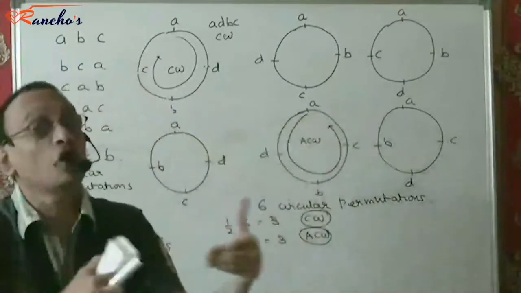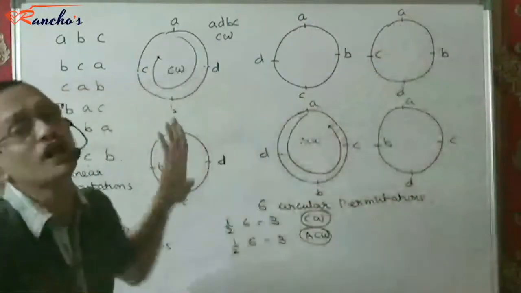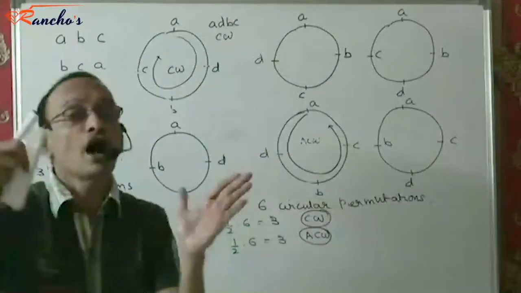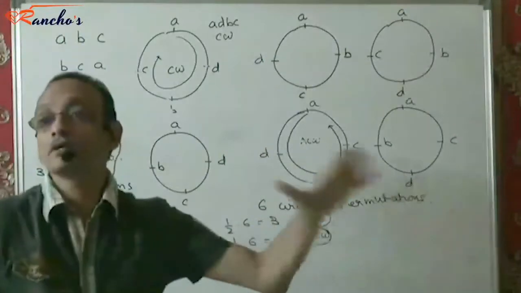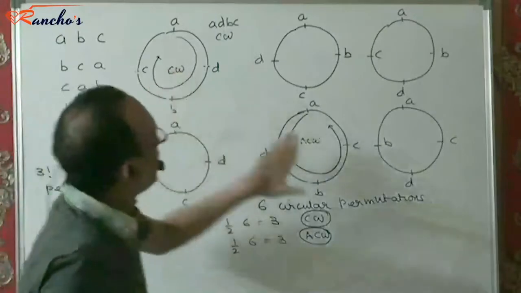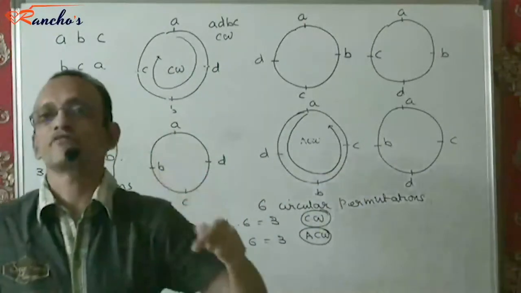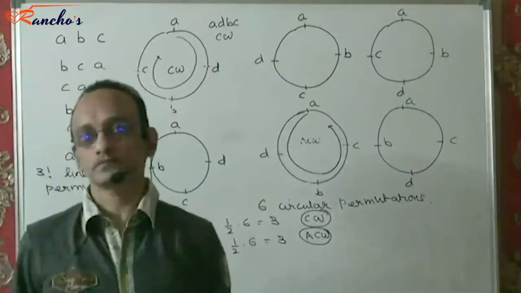So clockwise and anti-clockwise are different, and all these would constitute the total count. That means 6 will still be the total count, of which 3 is anti-clockwise and 3 clockwise, because clockwise and anti-clockwise arrangements will be considered different if I had to seat people around a circular table.